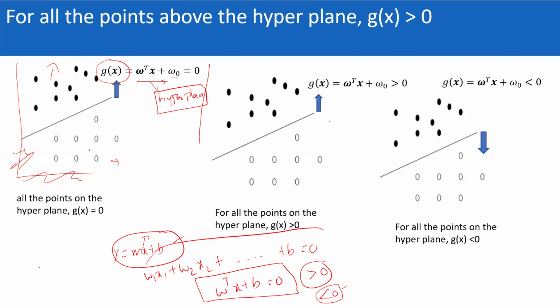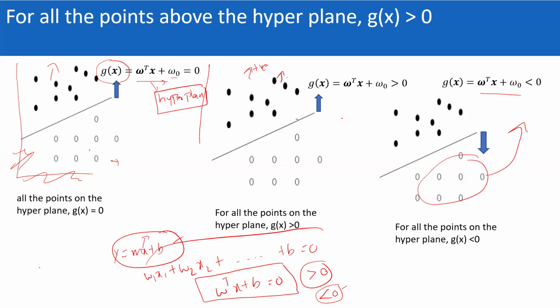What about the positive class, or the class above? When the value is greater than 0, the point comes under the positive class. If W transpose X plus W naught is less than 0, it comes under this area, right? This is the way the hyperplane is achieved.